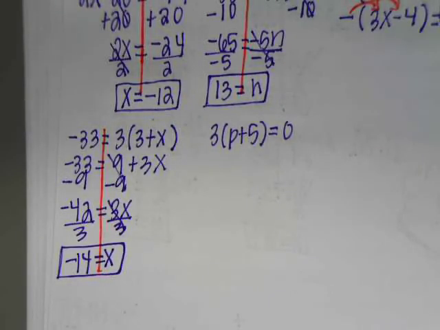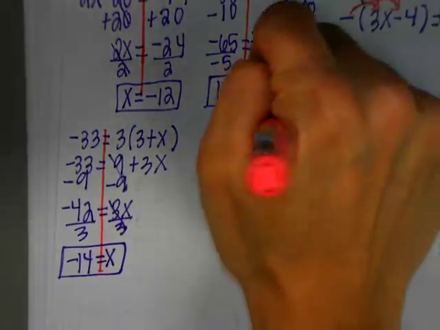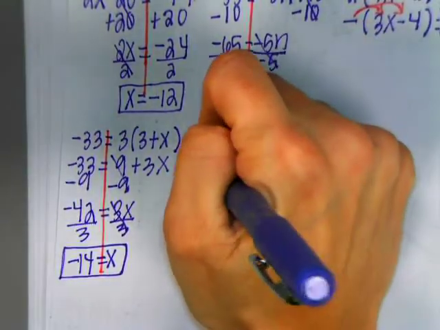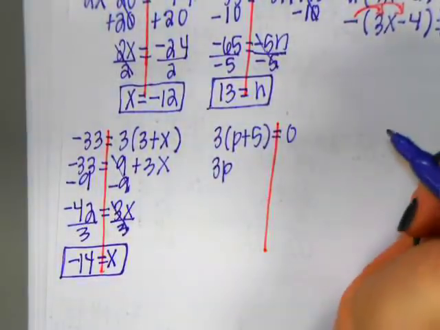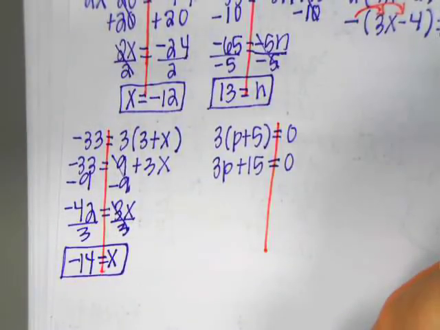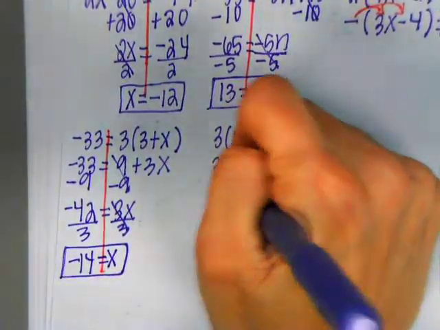Okay, we ready? Or not yet? Alright, so you put one to the equal sign. Then you do 3 times p is 3p. And then 15. And then equals 0. So then you go minus 15.